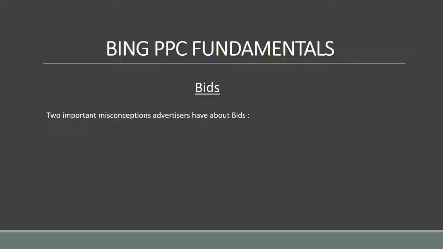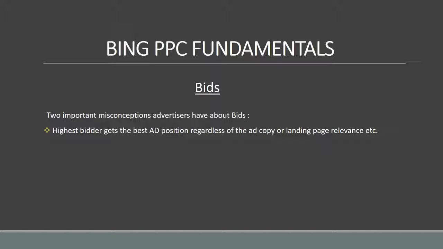I wanted to talk about one important misconception people have, and I also used to feel the same when I first got started with Bing ads. And that is that the highest bidder gets the best ad position regardless of the ad copy or landing page relevance. Secondly, I used to think that you pay exactly what you bid. Now, both of the above are not true. To answer the first question, it all comes down to relevant search experience.